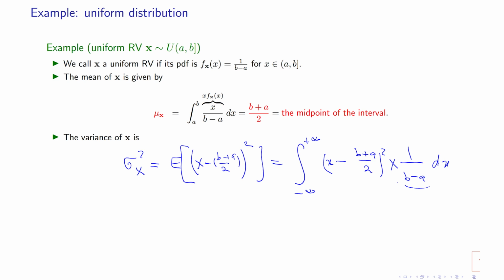But this PDF is 0 outside the interval a and b. So instead of minus infinity to plus infinity, I need from a to b.